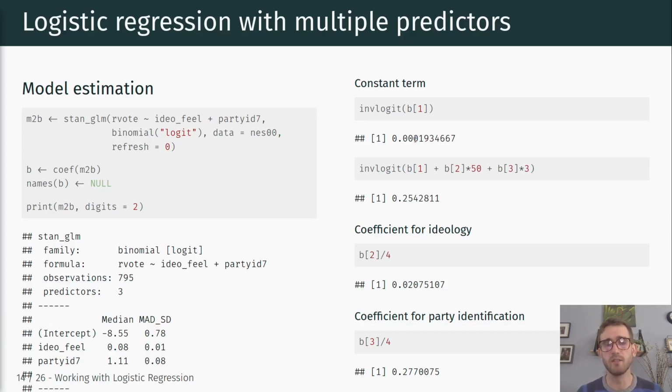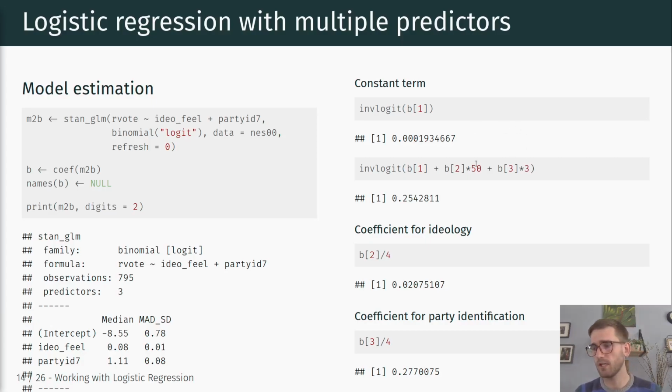Well, either we can mean center our predictors so that the intercept directly has a more meaningful interpretation, or we can take into account our coefficients for each of those predictors and plug in an average value or any other meaningful value in order to compute this predicted probability for a range of data or for a specific case that is more realistic.